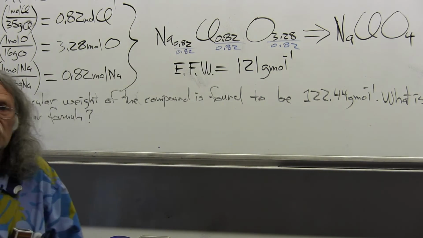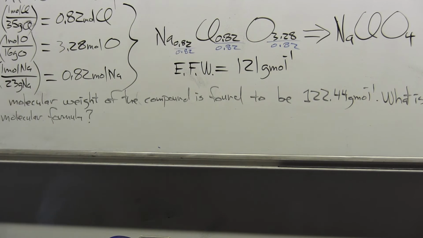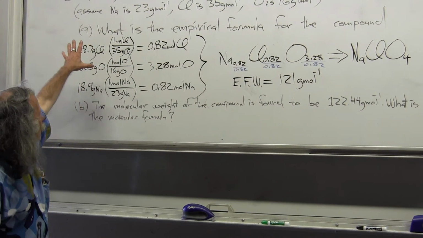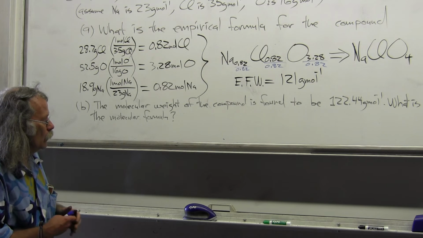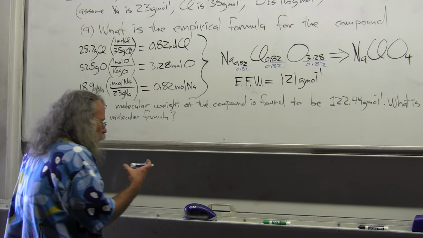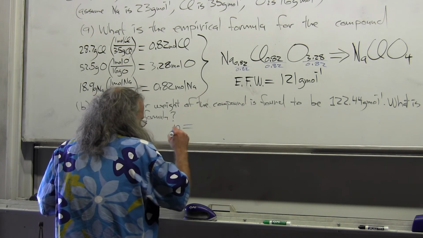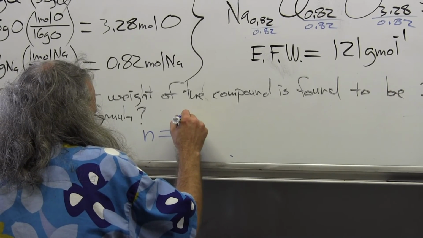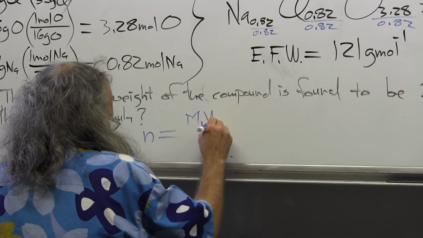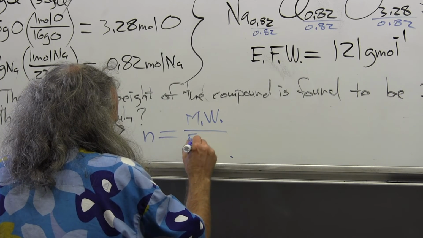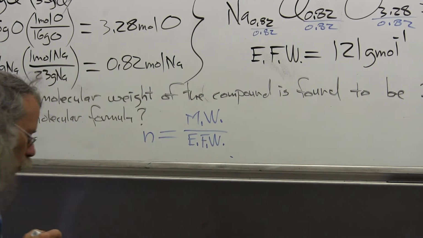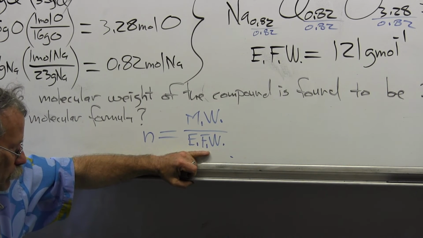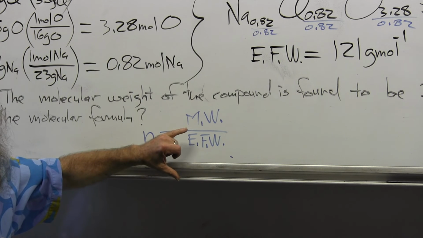So what this reflects is experimental certainty. Okay, we have some rounding that was done in both the masses and in the percentages. And so what we're after is N is equal to molar molecular weight over E. What we're after is some multiple, some number N, which when multiplied by the empirical formula weight is going to give us the molecular weight.